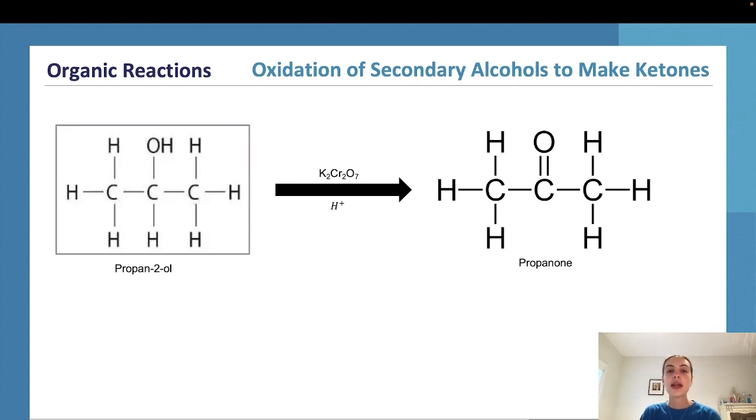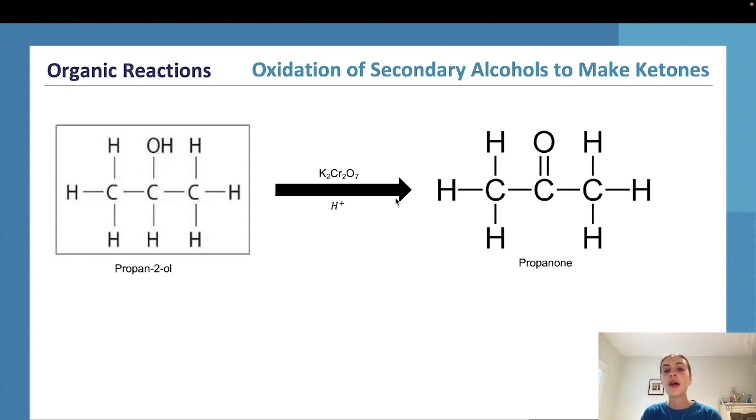Our next one is the oxidation of secondary alcohols to make ketones. If we look at this one here, we've got propan-2-ol, a secondary alcohol. Secondary alcohols can only undergo a one-step oxidation process. We have the exact same reaction conditions, acidified dichromate ions.